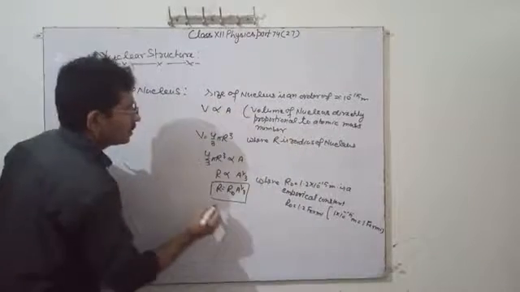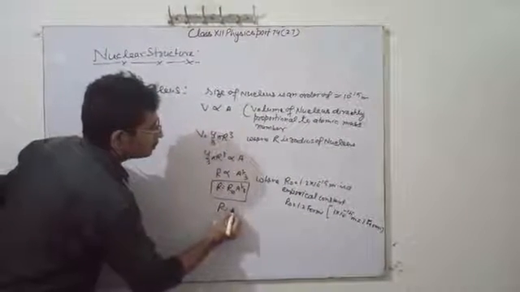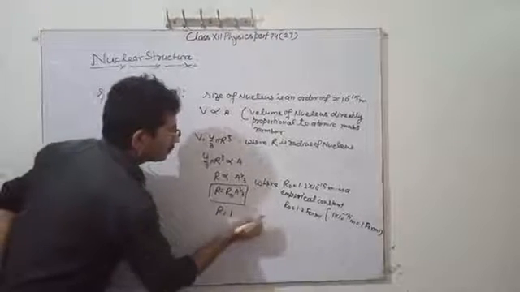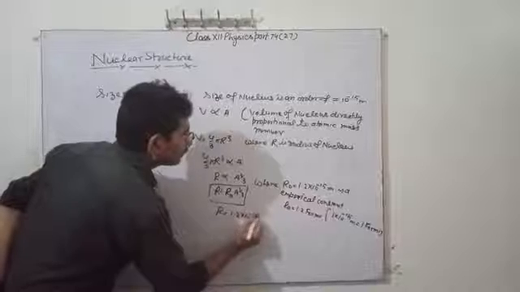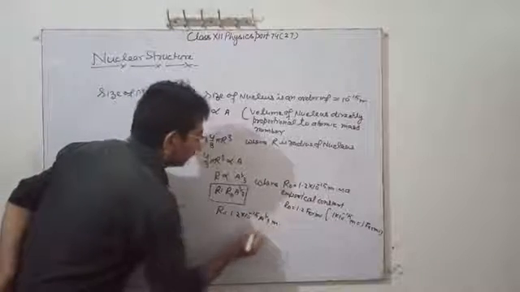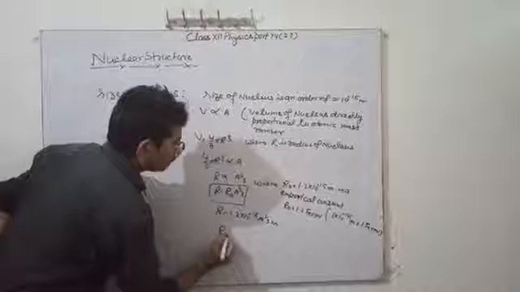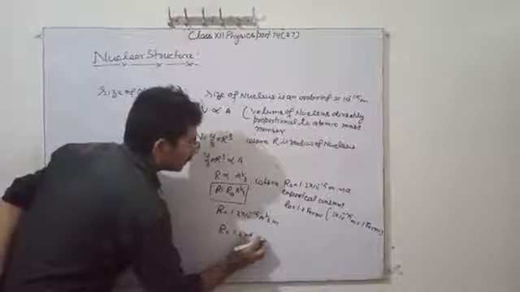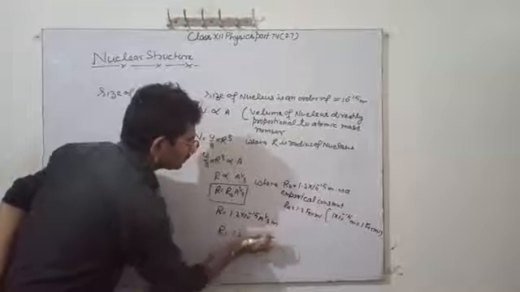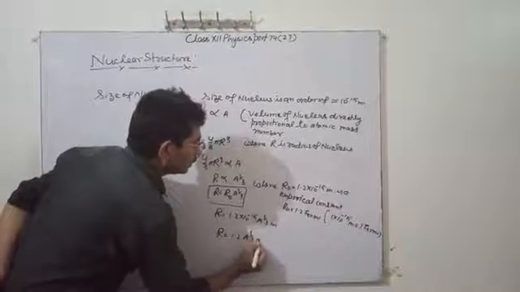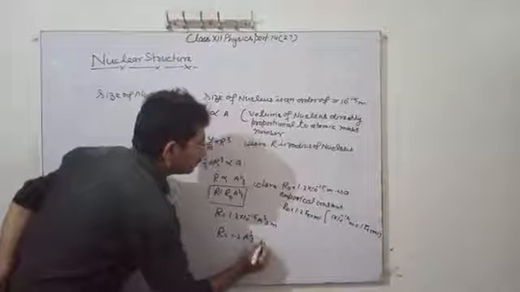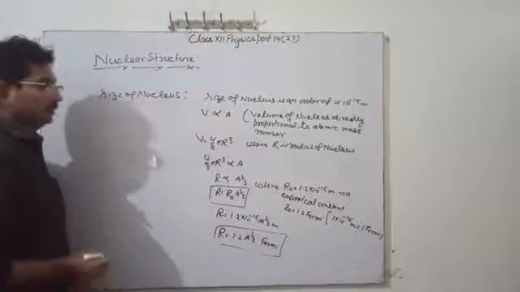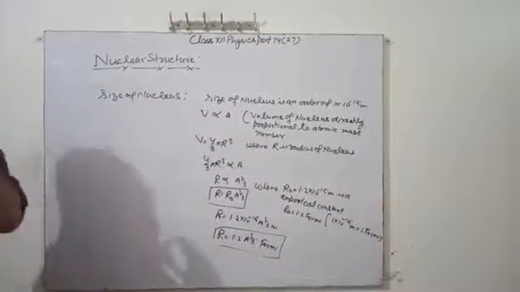Therefore, r equals 1.2 into 10 power minus 15 A power 1 by 3 meter, or r equals 1.2 into A power 1 by 3 Fermi. This is in Fermi.